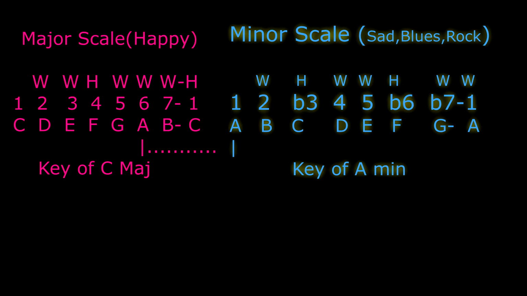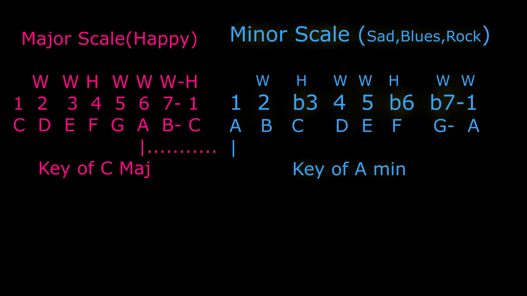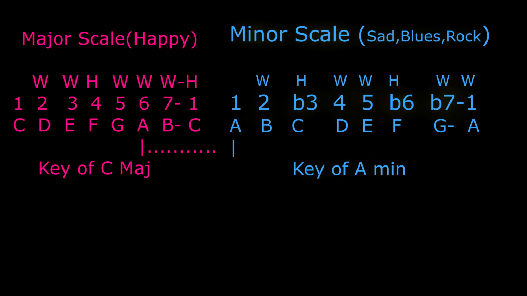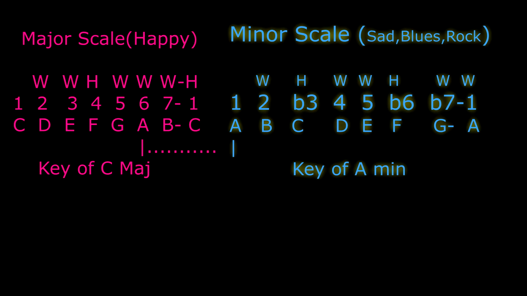If I take the two notes, B and F, B is number 2, and F is flat 6. If I take those out, bam, I'm left with 5 notes, and that's called the minor pentatonic scale, because those two notes have a great chance to clash with the other chords in a song.